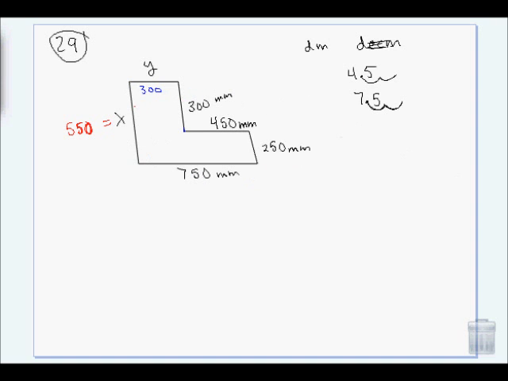And since I want perimeter, I've got 300, that's this one, plus 300, plus 450, plus 250, plus 750, plus 550. I'll add up this column. You guys do the rest. Just kidding.